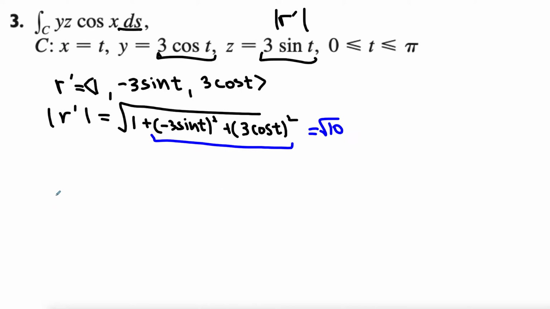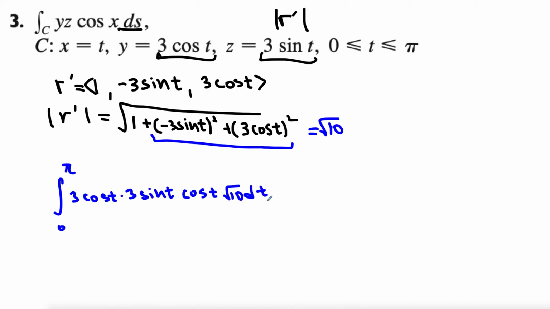So our integral now becomes 0 through pi. In place of y, we have 3 cosine t, and in place of z, we have 3 sine t. And then the cosine of x, which is equal to t, and square root of 10 dt.